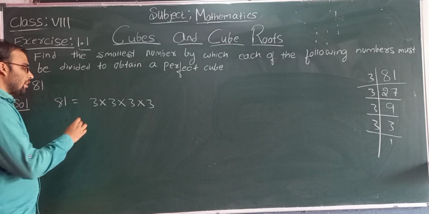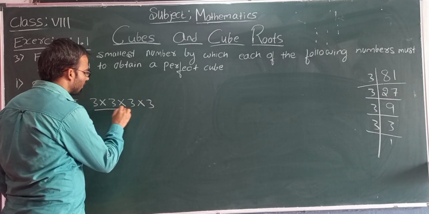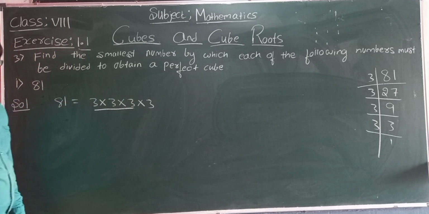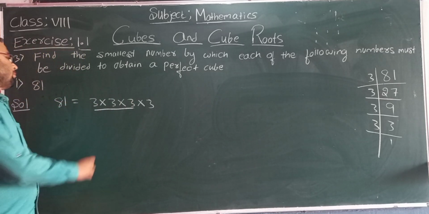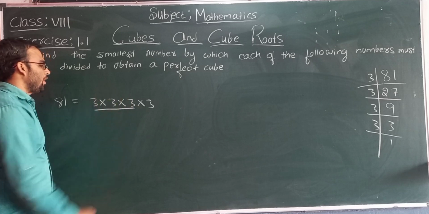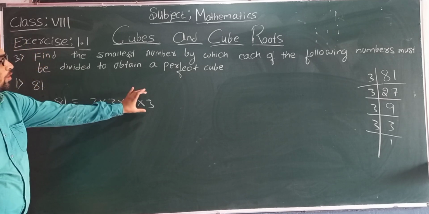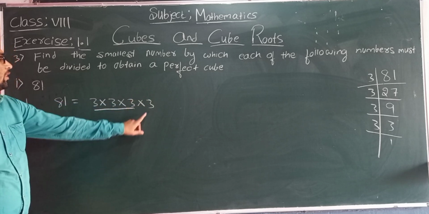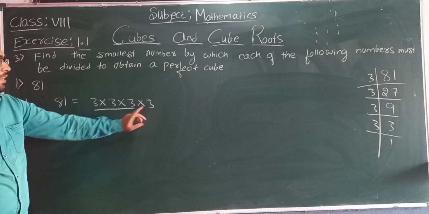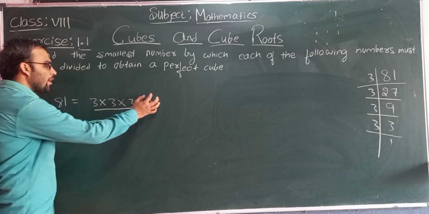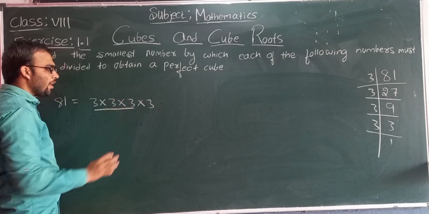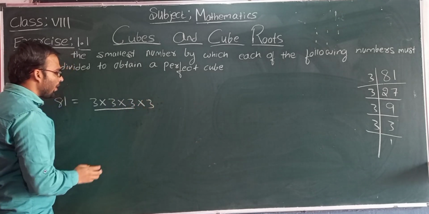Students, here make a group of 3 with the same number. So here we can make only one group. One number is left, that is 3. If we remove 3, then what is remaining?